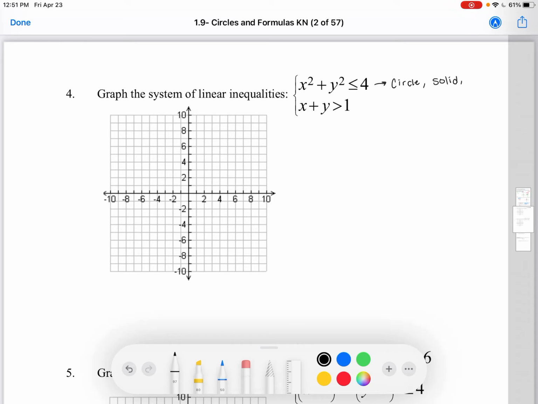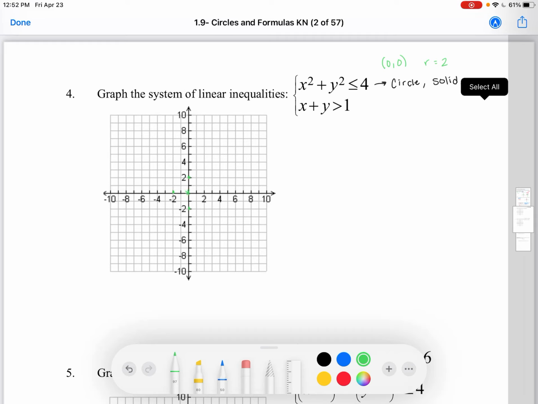So if this is a circle, I'm going to go ahead and find my center, which is going to be at 0, 0, with a radius value of 2. I'll go ahead and make my picture. Radius of 2 and a solid line.